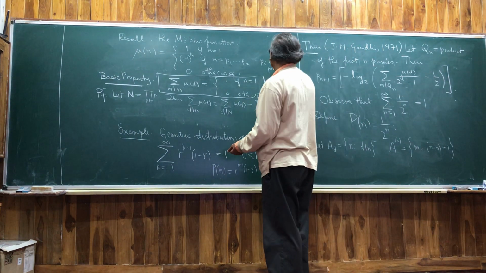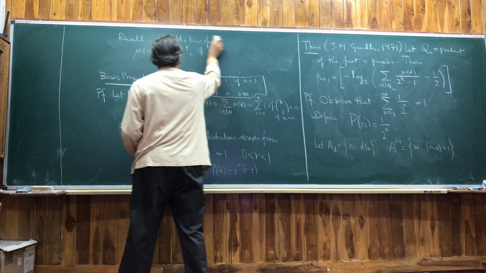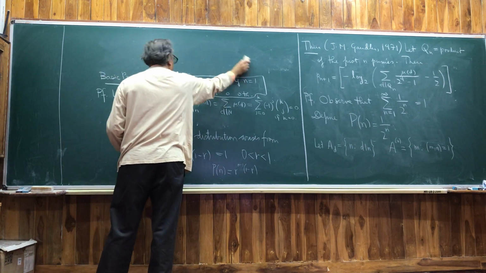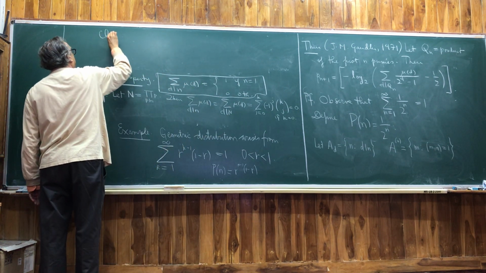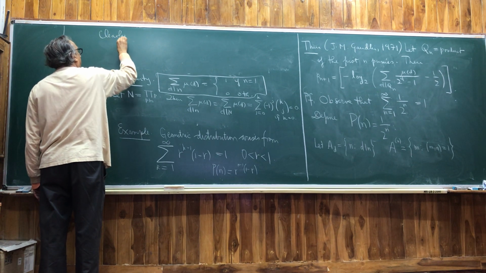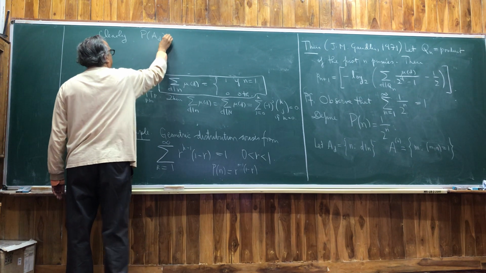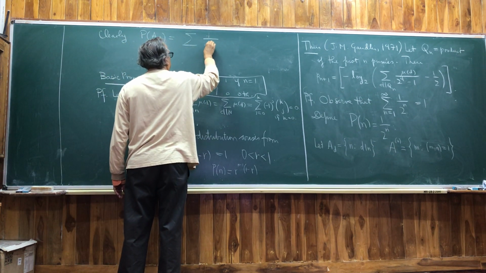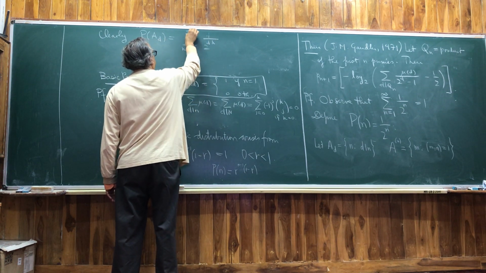The measure of A sub d is the sum of 1 over 2 to the dk, k going from 1 to infinity.